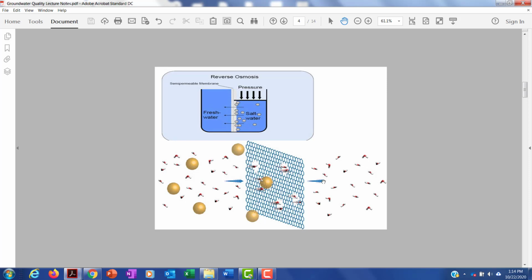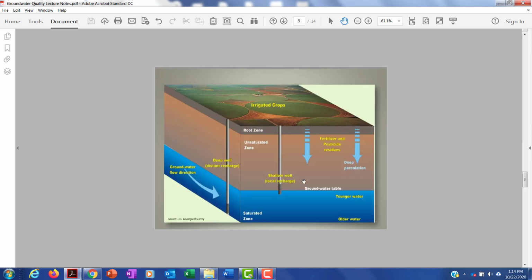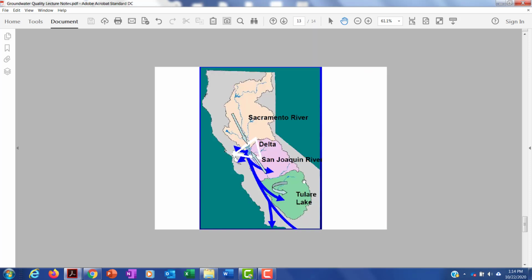If you live near the ocean, that's great. You can just dump it in the ocean. We don't just dump it, but you release it to the ocean. If you're down here in the Central Valley and you've treated a bunch of water with reverse osmosis, what do you do with that brine? And that's a big problem. One solution might be to put in a 300 or 400-mile pipeline and ship it back out to sea. These are expensive and big issues.